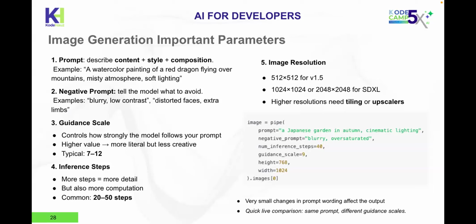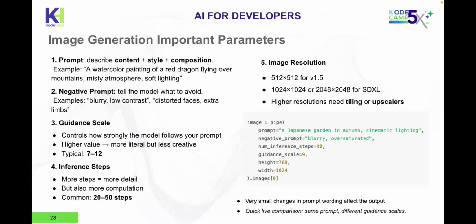You have to describe the style of the image, how it should look, whether you're making a cartoony kind of image or a realistic one. There are different words that we can use to describe the style.